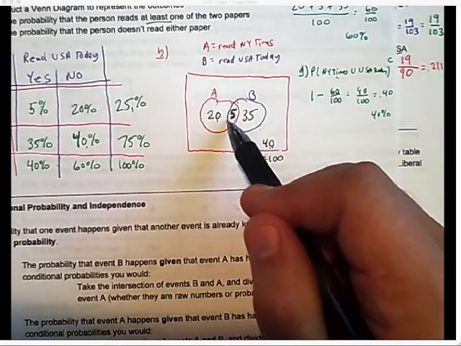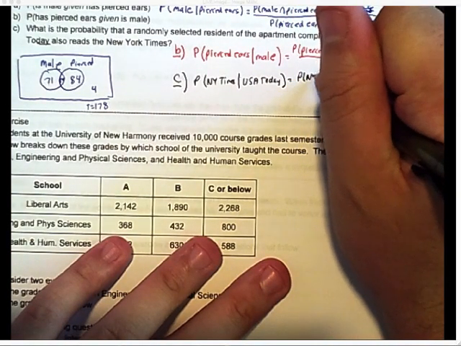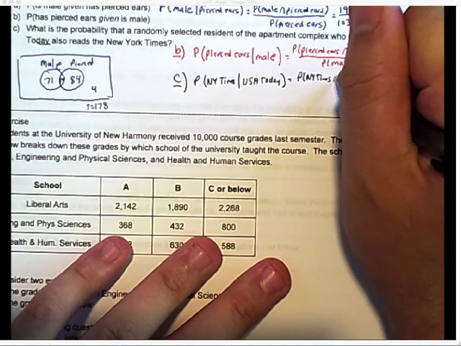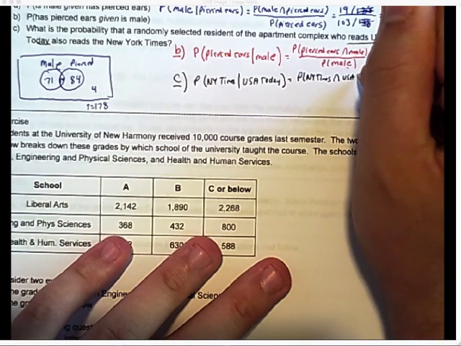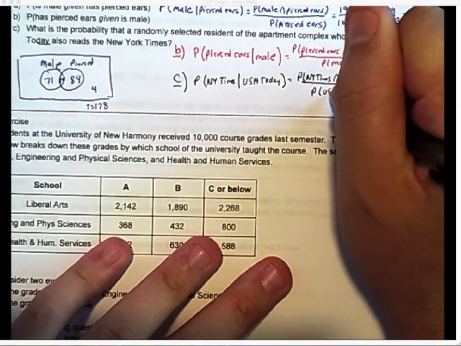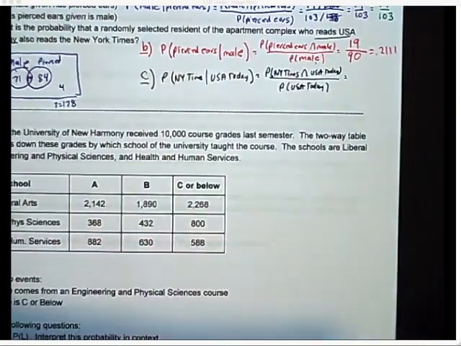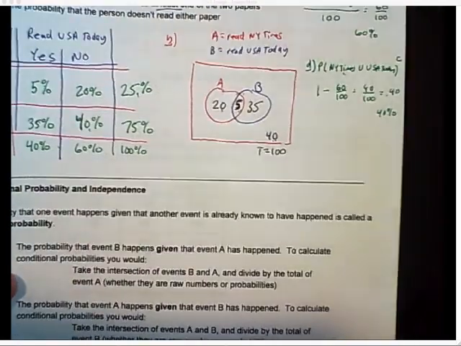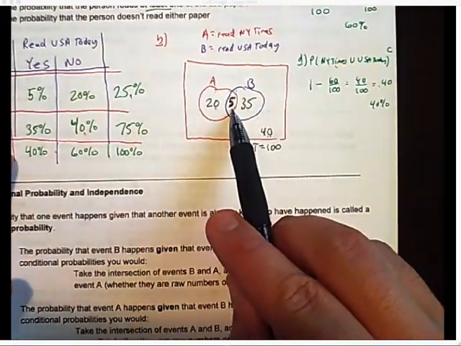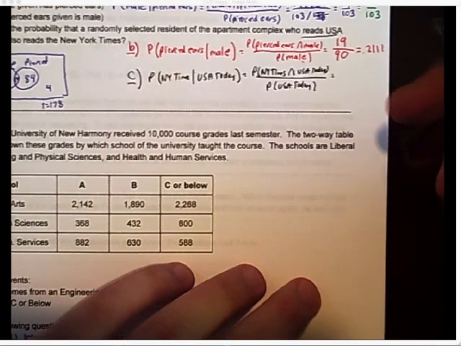If we look at our intersection, there's 5 people that, well, we can write this as the formula first. Probability that they read both New York Times and USA Today over the probability that they read USA Today. Well, what's the intersection? The intersection's 5. There's 5 people that read both, because 5 people out of every 100.